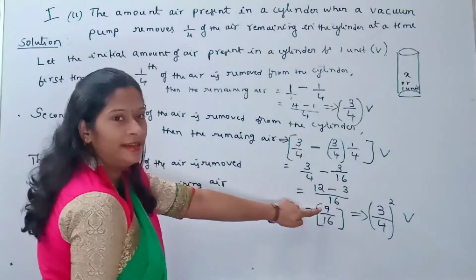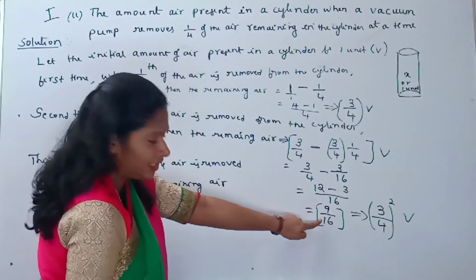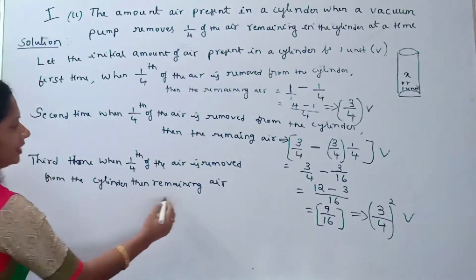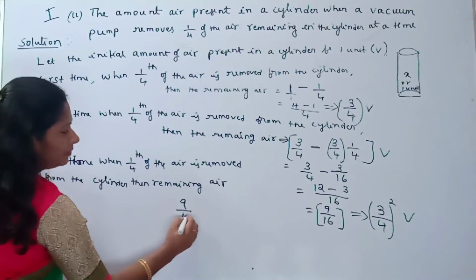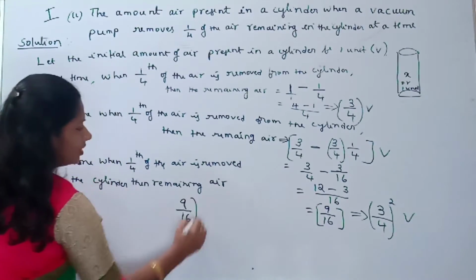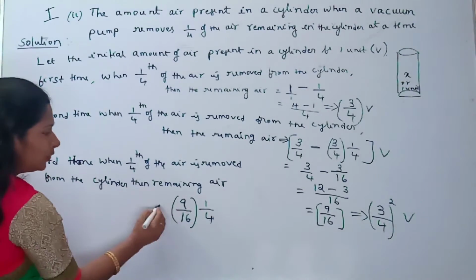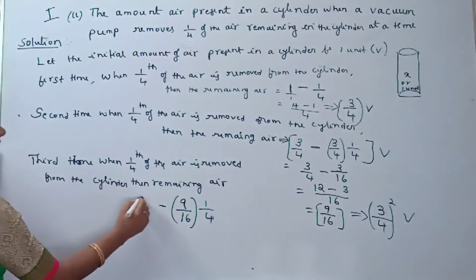So what is the second time? What is the amount of the air which is present in a cylinder? That is 9/16. So it is 1/4 of the remaining air. So remaining air is now 9/16. 1/4 of the remaining air is removed from the remaining air. What is the remaining air? 9/16.